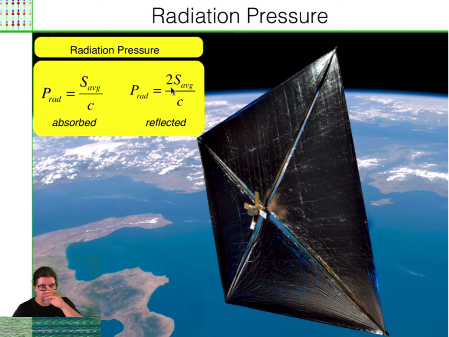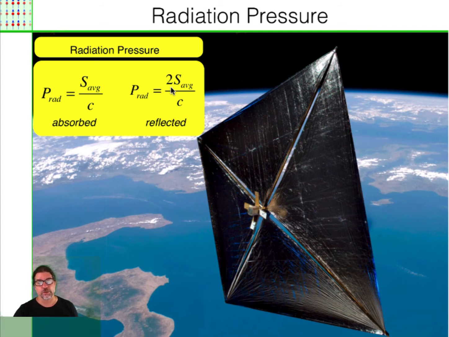We're going to learn more about that later on, but you can show that the radiation pressure created by light is equal to the intensity over C if the light is absorbed. In other words, light being absorbed by a material is going to exert a force on it. This concept has been extended to the idea of solar sails, which have been tested and shown to work.